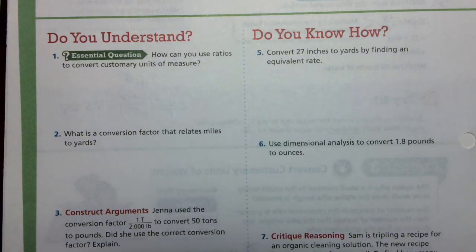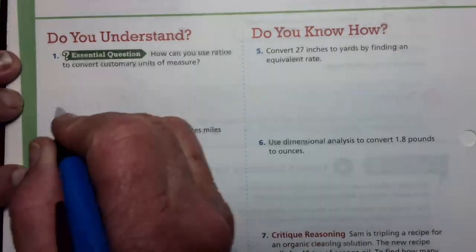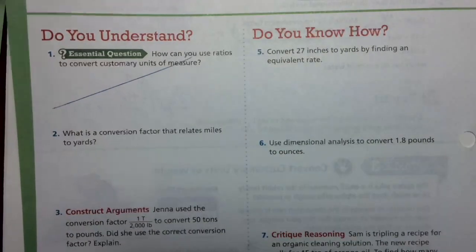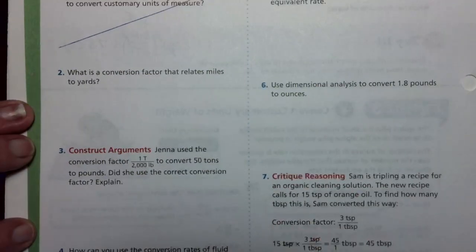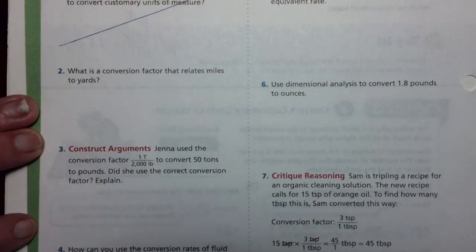Let's skip down to number 2. We're not going to do that one. Let's go to number 2. It's a good question. What is a conversion factor that relates miles to yards? Look up at the top of the page.